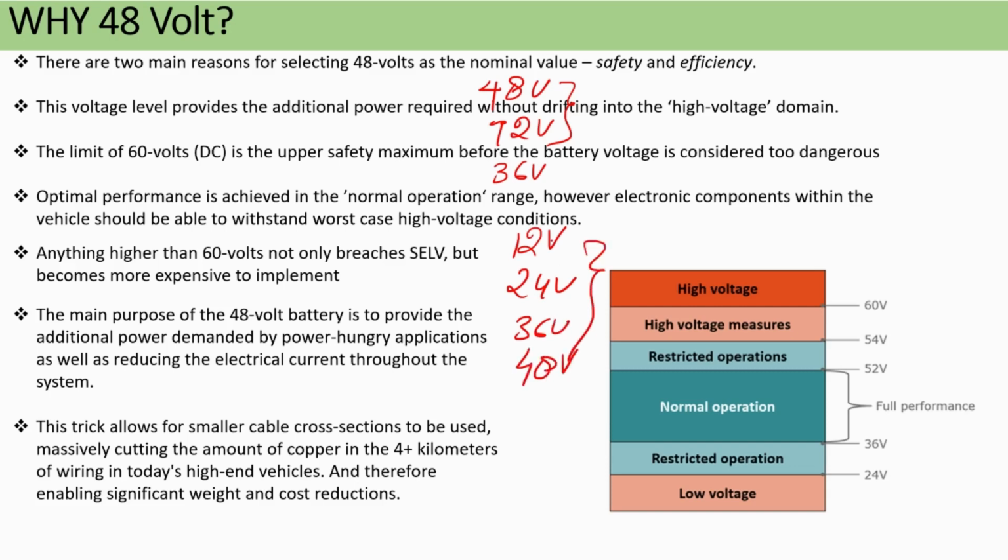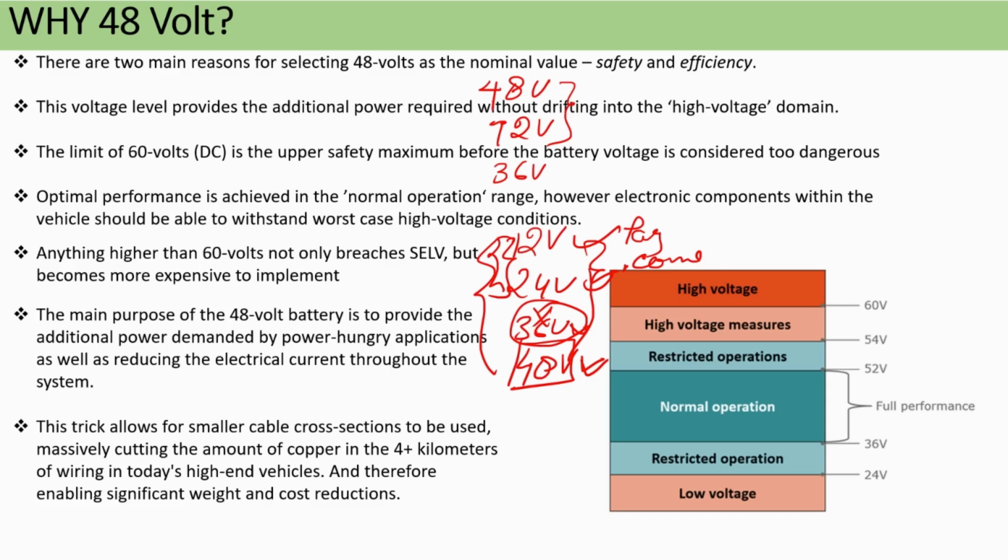I hope you know that 12 volt we use in passenger vehicles, 24 we use in commercial vehicles. 36 we can use, but we are not using it, we are going with 48 volt. So due to the cell voltage, we are using this multiplier form. I hope you know this. If you don't know, just comment below the video.